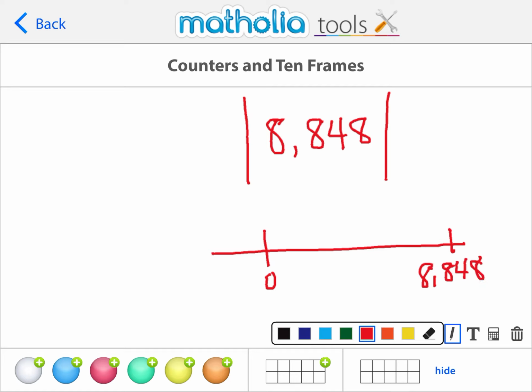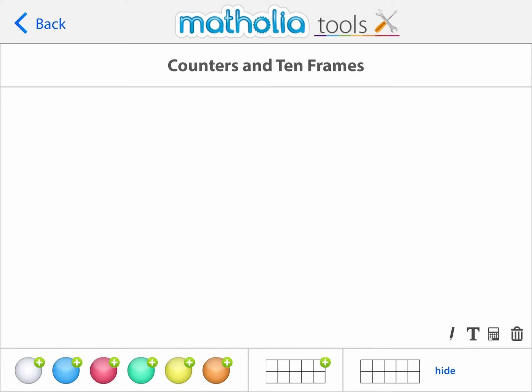Now, the number of spaces between 0 and 8,848 is 8,848. Even with a positive number inside of our absolute value bars, the result is positive, or appears to be positive.